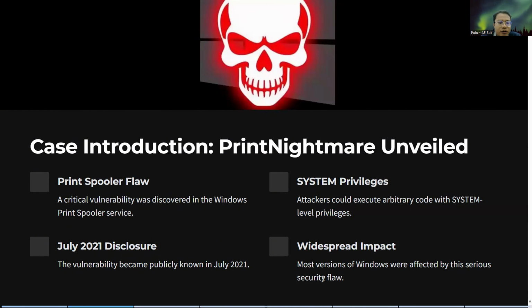This case was disclosed and became public in July 2021, and most versions of Windows were affected by this serious security flaw, because a lot of people in the world use Microsoft services.